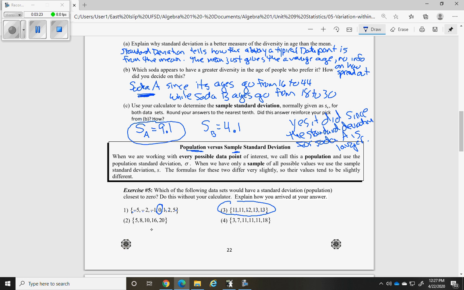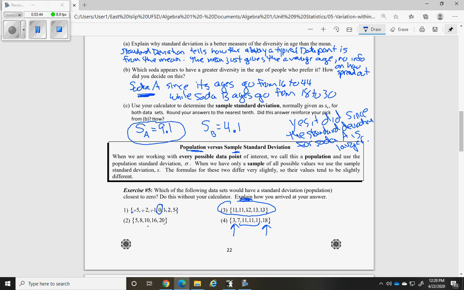They're 5 away from the mean. This one, they're farther away from each other. This one, they're farther away from each other. Right in here, I guess these guys are kind of close, but by adding those two outer numbers. So C definitely has the smallest one, and that's the one that's closest to 0.